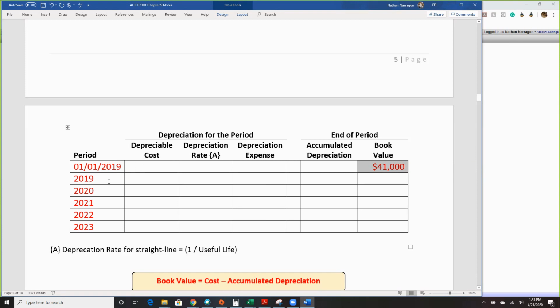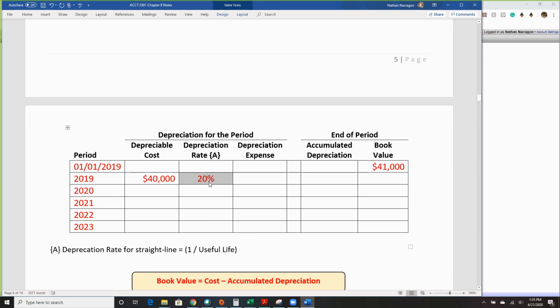So starting in 2019, we want to take depreciable cost, which was the $40,000. So again, the cost of the item minus salvage value. We're going to times it by the rate, which is 20%.